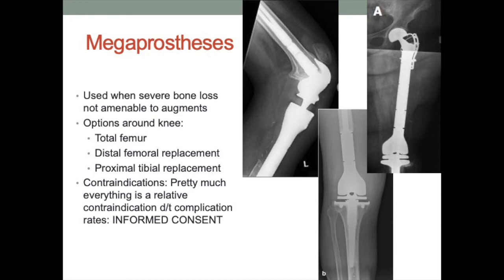The more muscle you strip off of their bony attachments, the less likely they are to have good, meaningful strength and function. So informed consent for patients and making sure their expectations are appropriate with respect to the goals of the surgery is going to be key when you're having these sorts of discussions with patients.